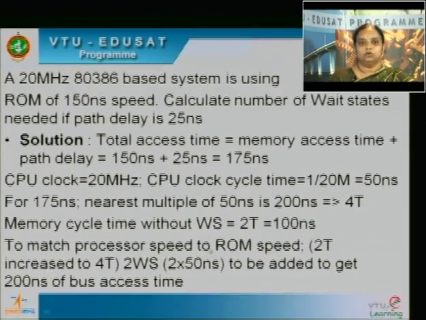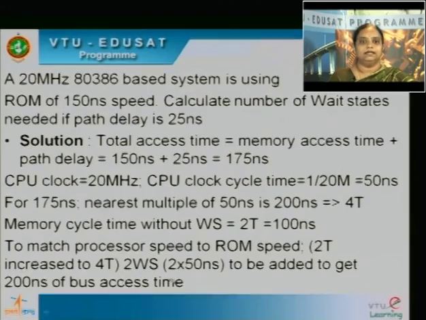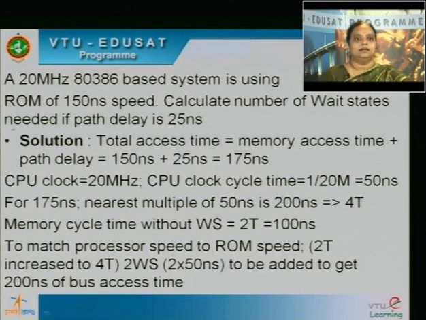If I insert two clock cycles, that is 100 plus 100, 200 nanoseconds. And this 200 nanoseconds is greater than 175, and you can comfortably read the data from this ROM. So the ROM of 150 nanosecond speed is quite slow, which requires two wait states.